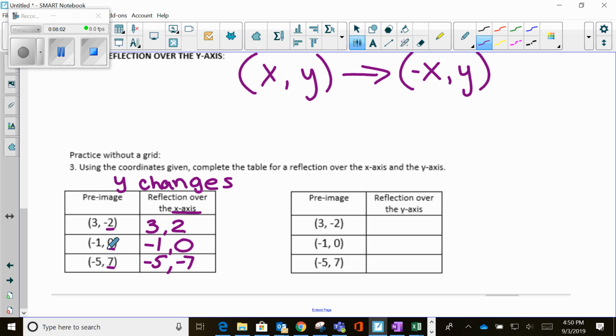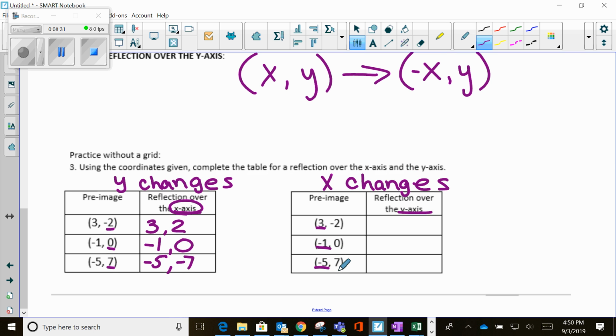So now I have my pre-image and the reflections, noticing that the y value has changed because it was a reflection over the x-axis. And our final example is a reflection over the y-axis. And hopefully we can remember that when we change over the y-axis, it's the x that changes. So I'm going to look at the x value for each of my coordinates.